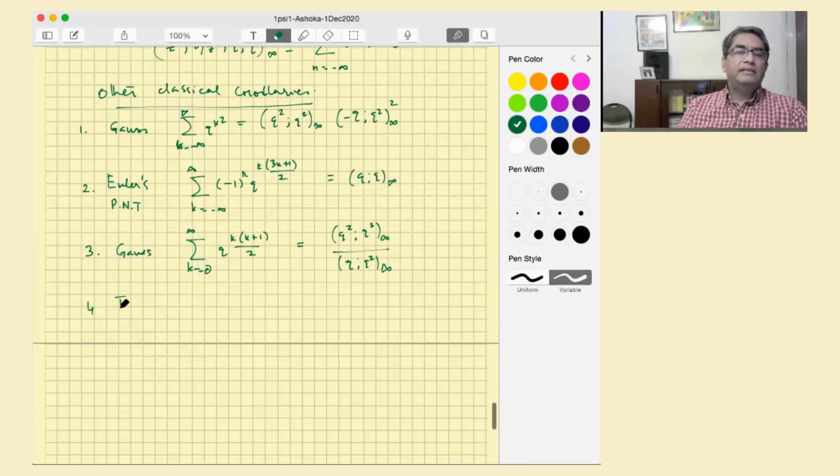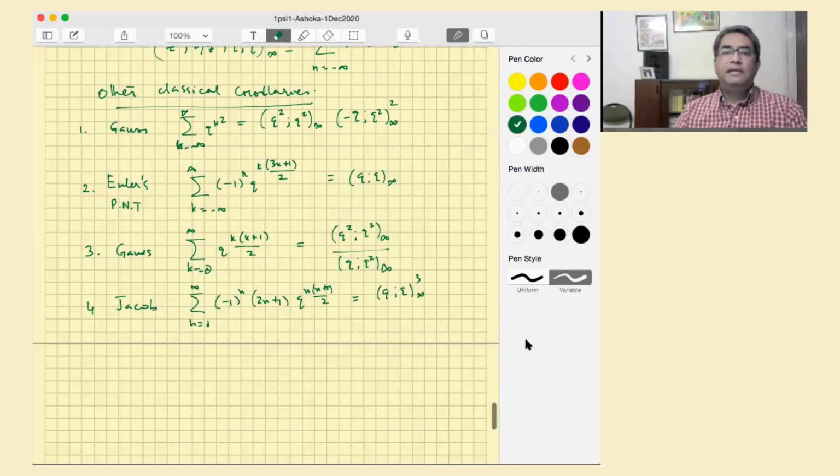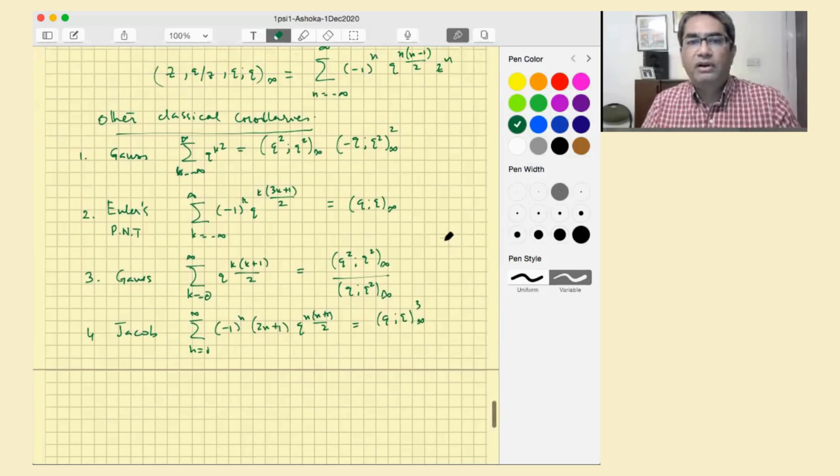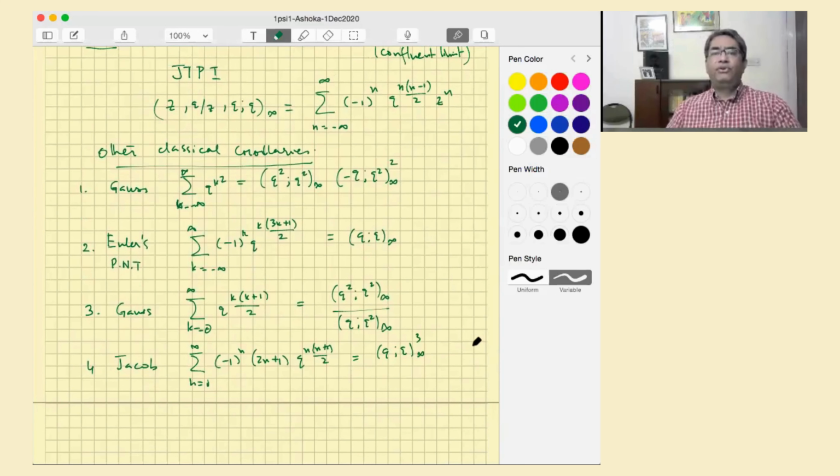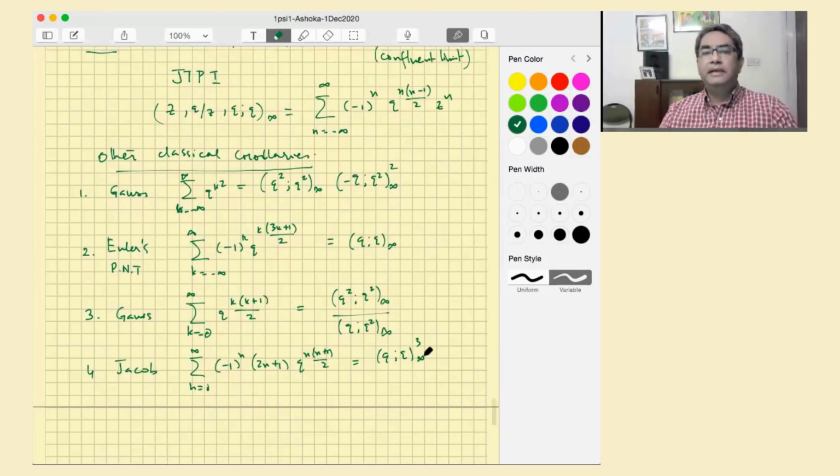And then Jacobi. So these are 4 classical results, along with the Jacobi triple product identity, which follow from the Jacobi triple product identity.